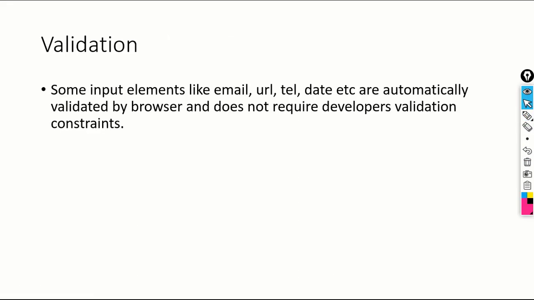Some input elements like email, URL, tel, date, etc. are automatically validated by the browser and do not require developers' validation constraints. So there are a few input control elements in HTML5 which do not need developers' validation constraints.